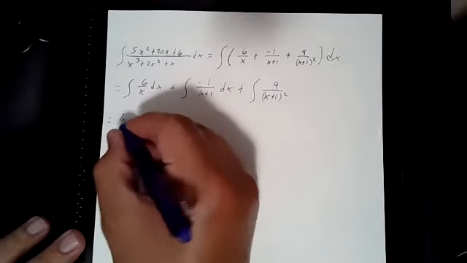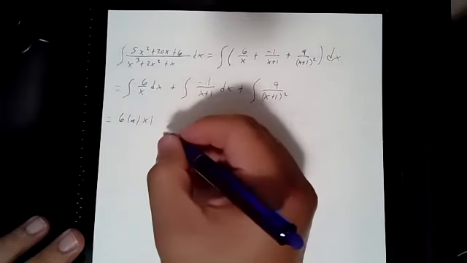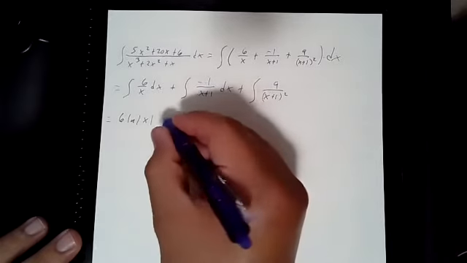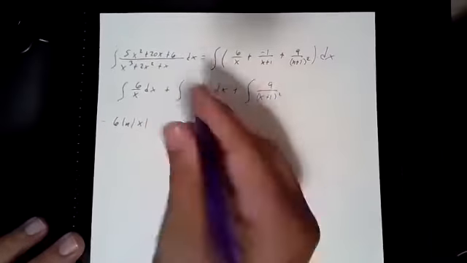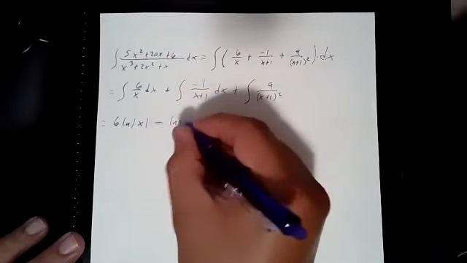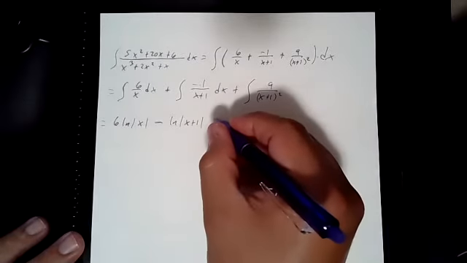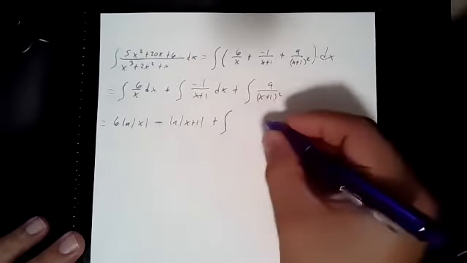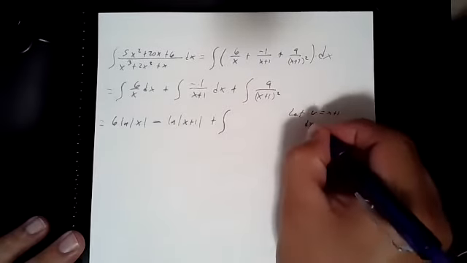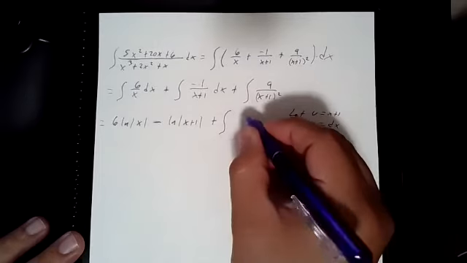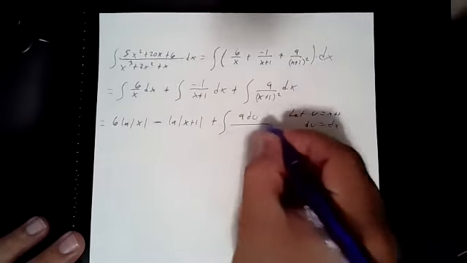And that's just going to be 6 ln x, plus, well, minus ln of x plus 1, plus. And this one I'm going to let u equal x plus 1, du is dx. So this will be 9 du over u squared.